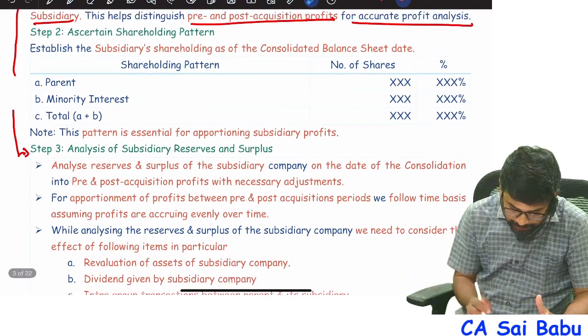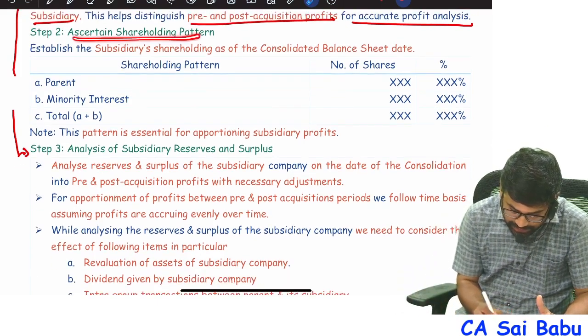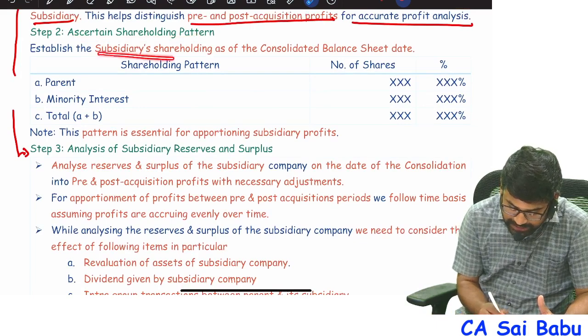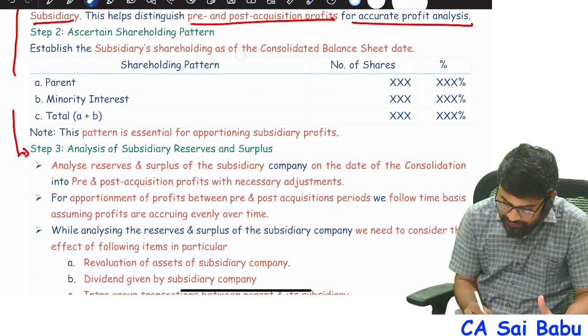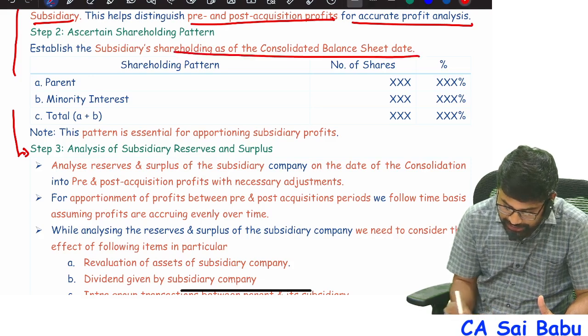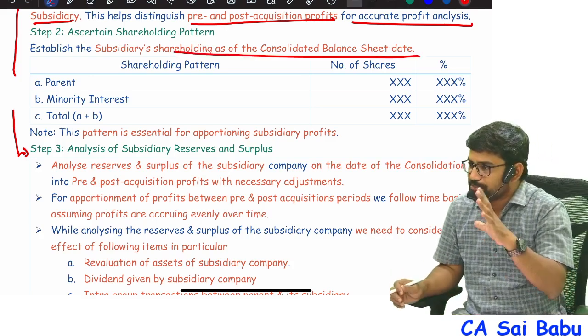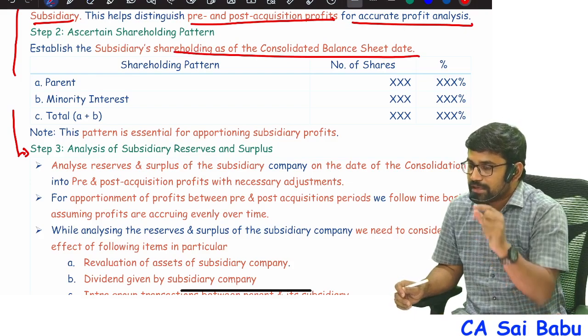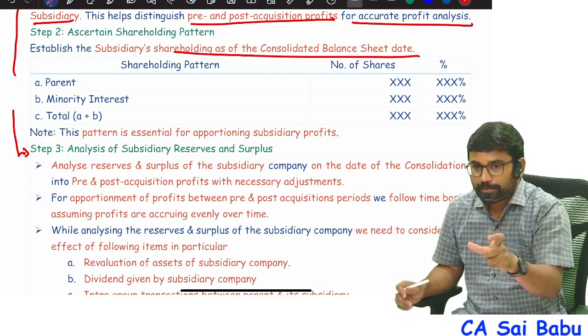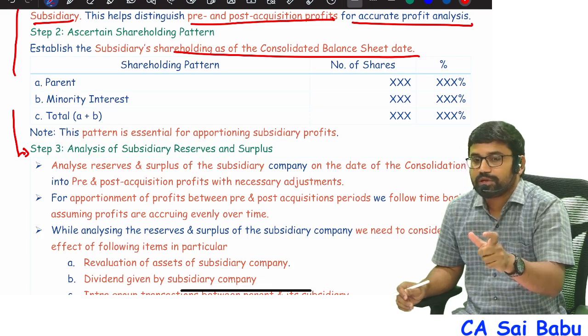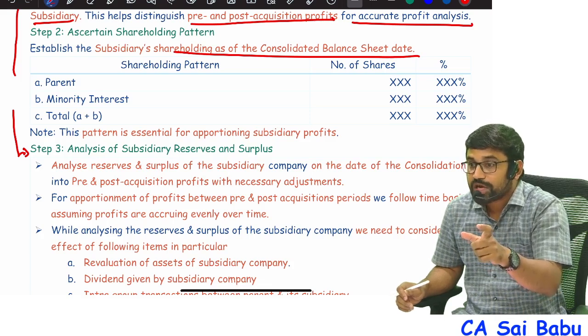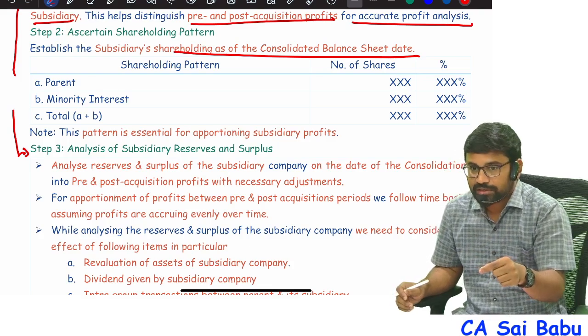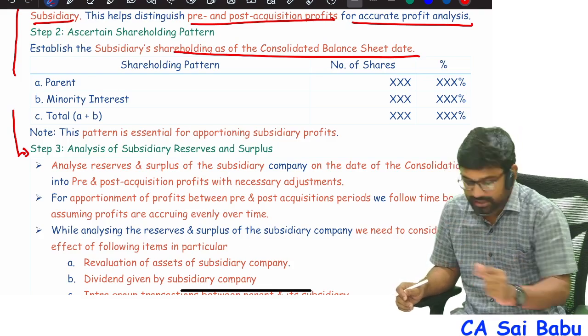So step number 2 is ascertain the shareholding pattern. Establish the subsidiary shareholding as of the consolidated balance sheet. Always it is important to understand, you need to determine the shareholding pattern on the date of consolidation.